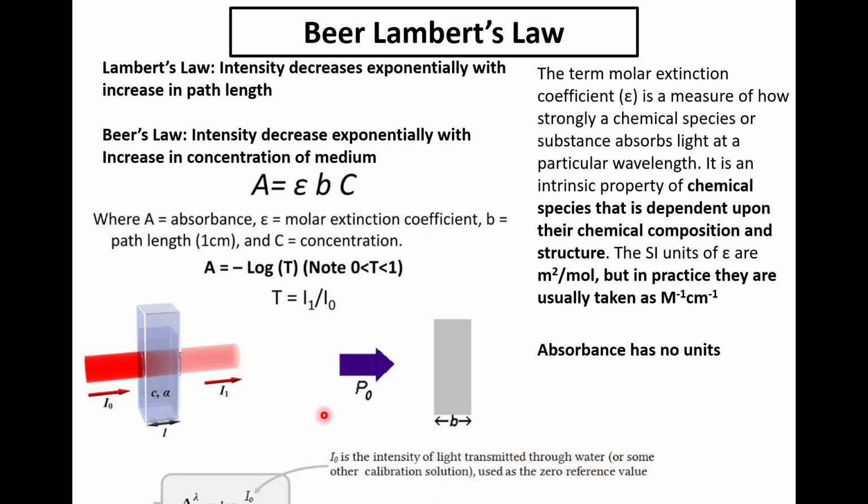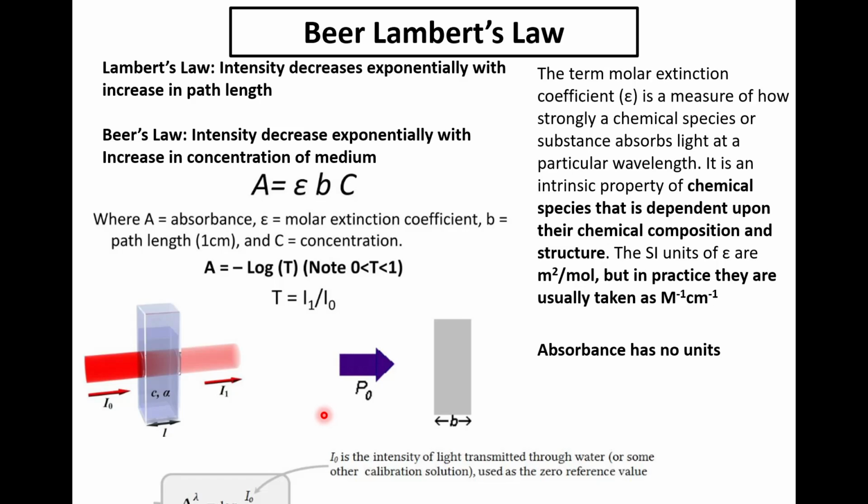Sometimes I naught is mentioned as the intensity of light transmitted through water. For getting an absorbance, your proteins or nucleic acids or anything will be in some medium, like in a buffer or in water. When you take the absorbance of your sample, the absorbance is the cumulative effect of your solution, the solvent as well as your solute molecule. But you only want the absorbance of your solute molecule, not the solvent.